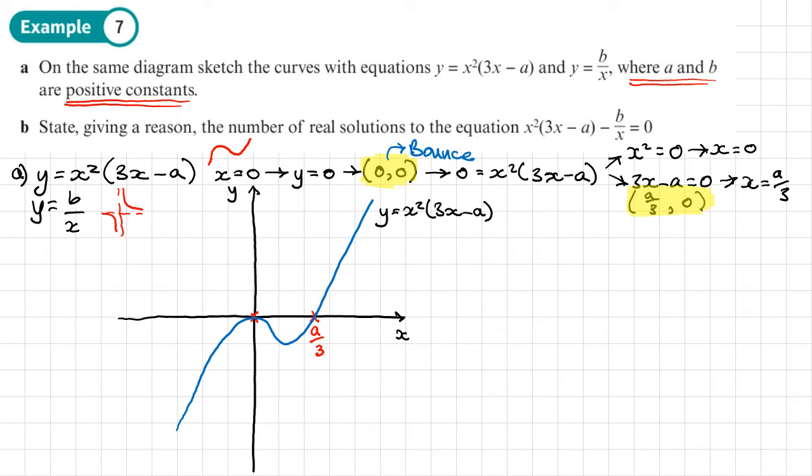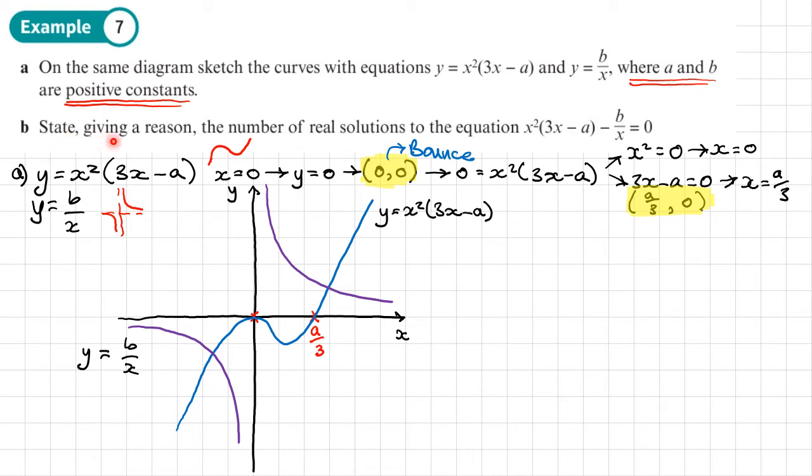Now we'll do our reciprocal graph. So that's going to be like round here and round here, and like this. So I'll put that in. We're going to have a graph like that, and the other part down here like that, and we'll just label that as our y equals b over x.